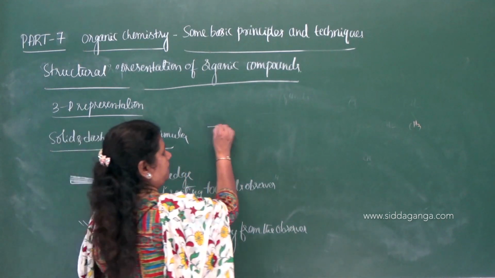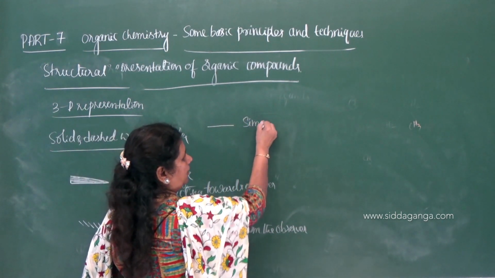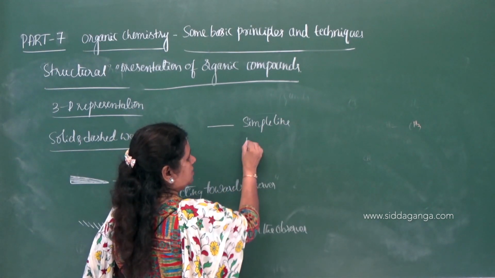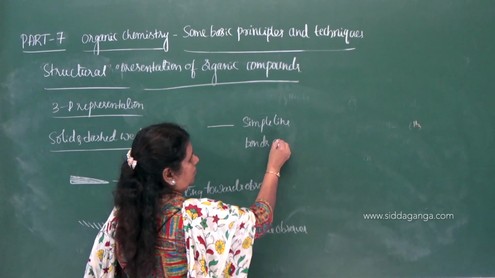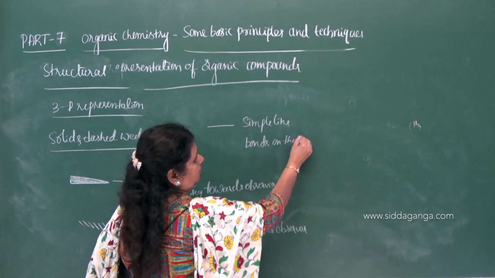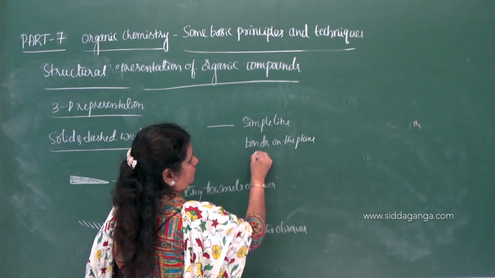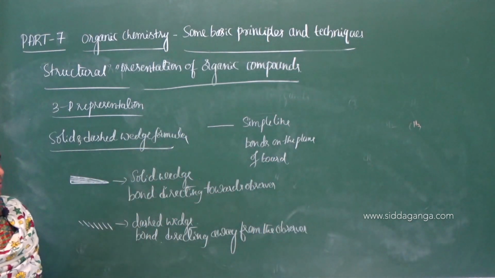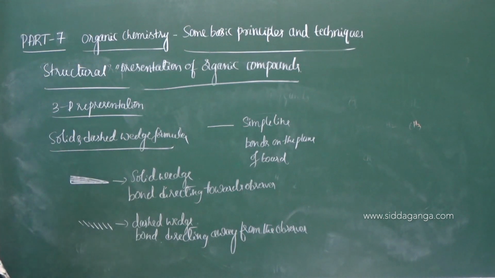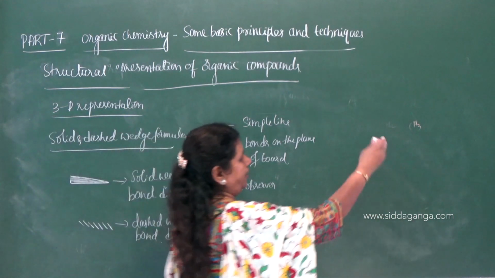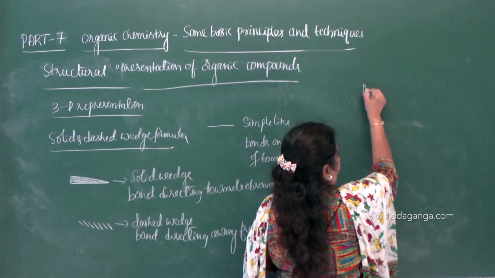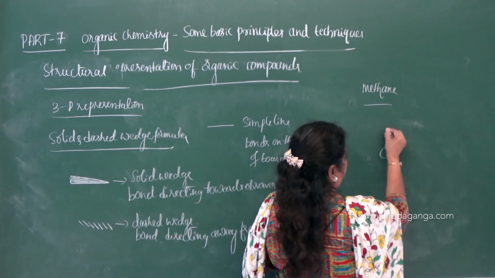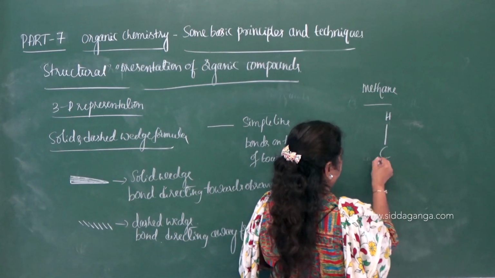And a simple line, this is a simple line, and this represents bonds on the plane of the board. So it is on the plane of the board. Now we can represent the methane molecule. Example, methane molecule. So carbon, one hydrogen.